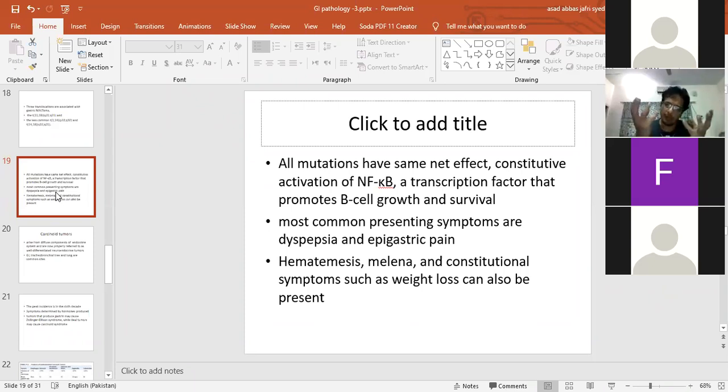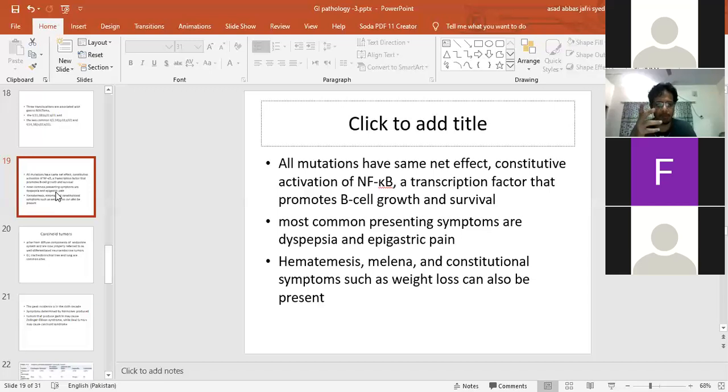So if you treat the patient for Helicobacter pylori, you take away the chronic gastritis, you stop the release of cytokines, which causes a decrease in the release of nuclear factor kappa B, and that can stop the proliferation of the B cells. So in early stages, you can treat with Helicobacter pylori eradication only.